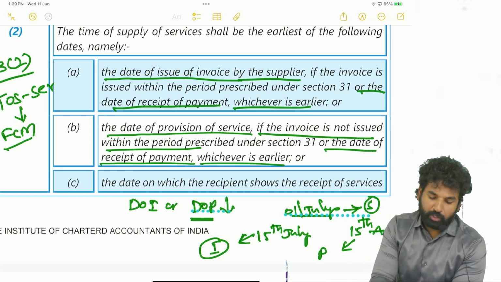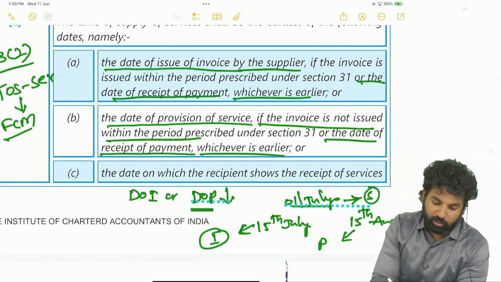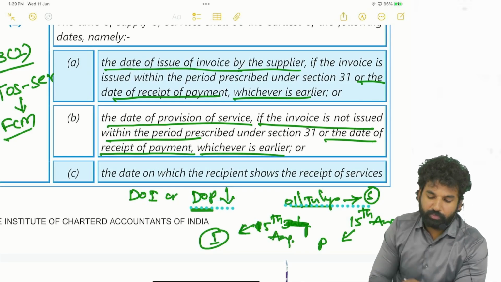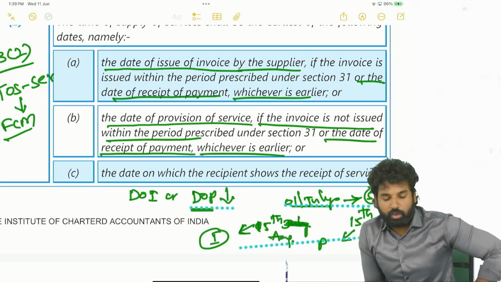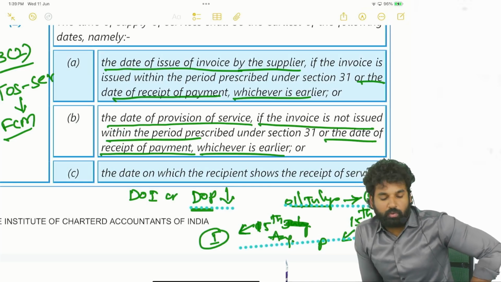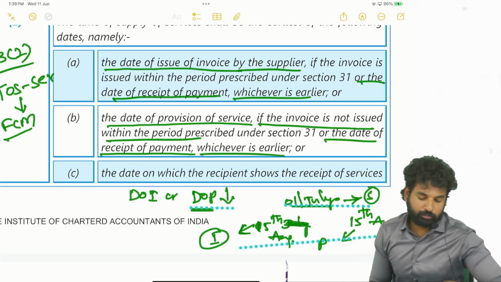Now tell me, if the invoice is issued on 5th July, sorry, 5th August, the invoice has been issued. So now what will be the time of supply? On 5th August, invoice issued.